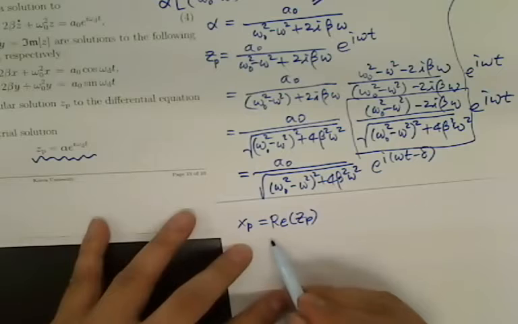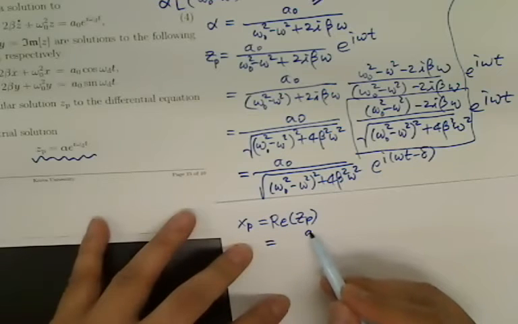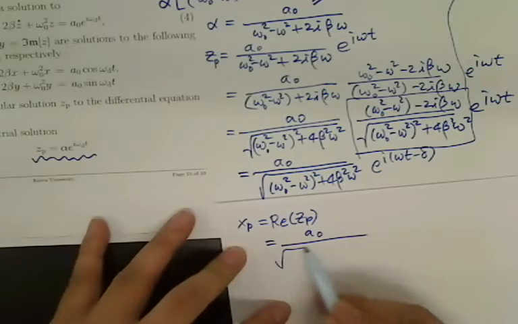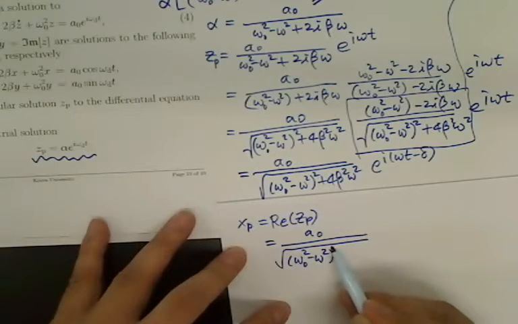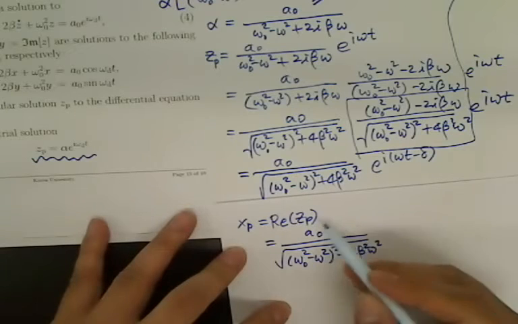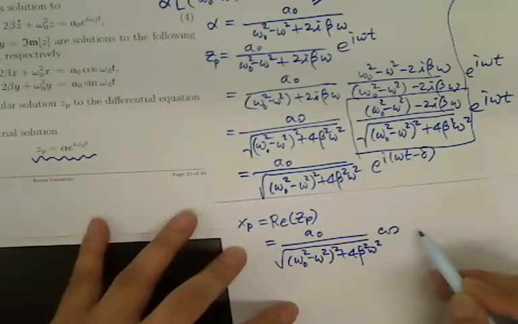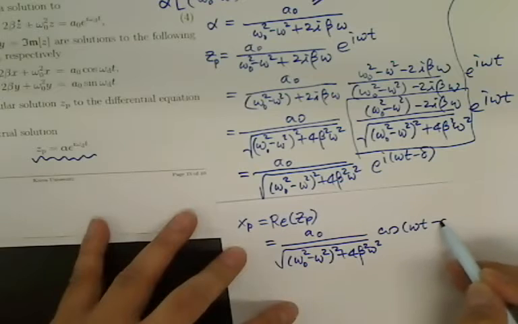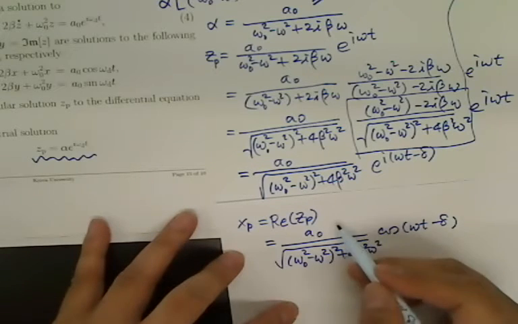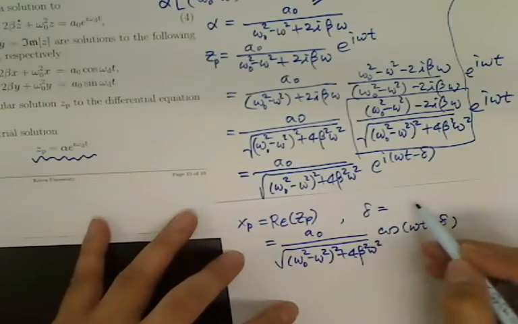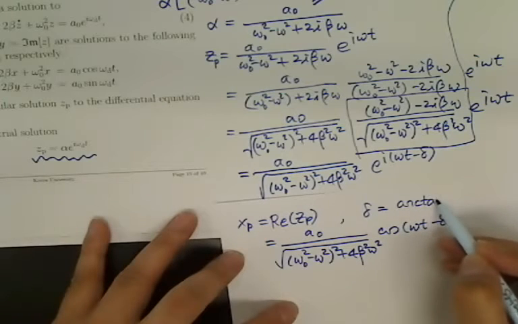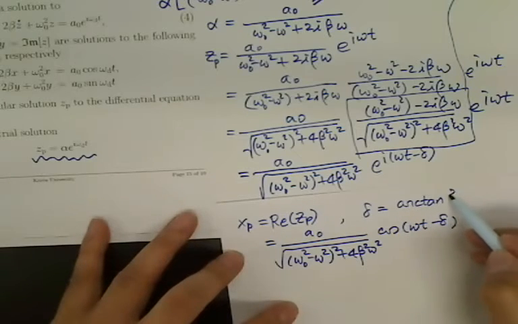That means A0 over the square root of that same expression, times cosine of omega t minus delta. Here again, delta equals arctangent of 2 beta omega over omega 0 squared minus omega squared.